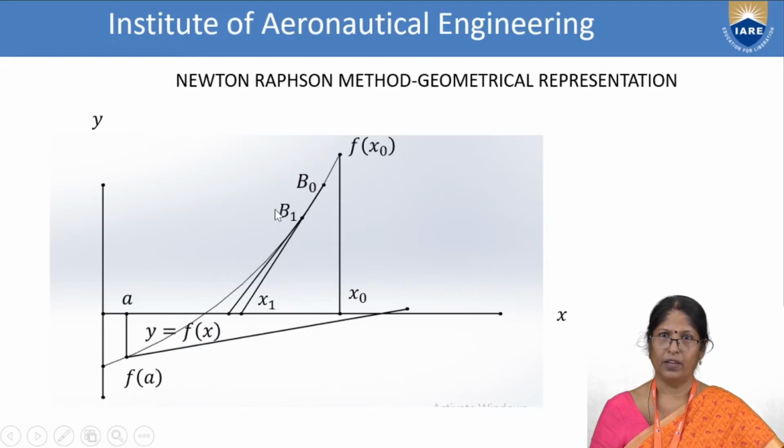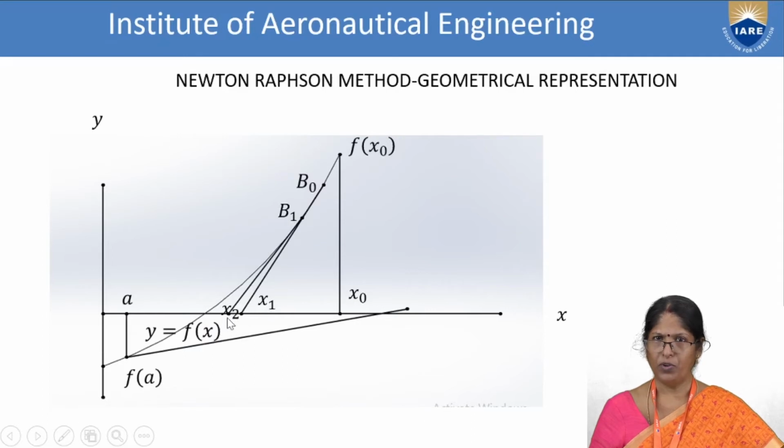Next, B1 is also another tangent, which touches this curve at this one point, that is B1, whereas it cuts the x-axis at the point x2. So B0 cuts at x1, whereas B1 cuts at x2.